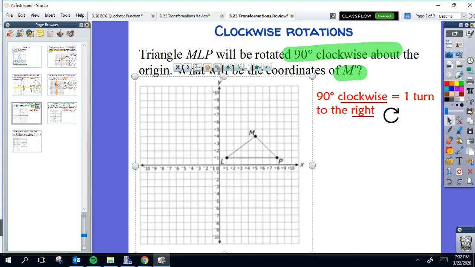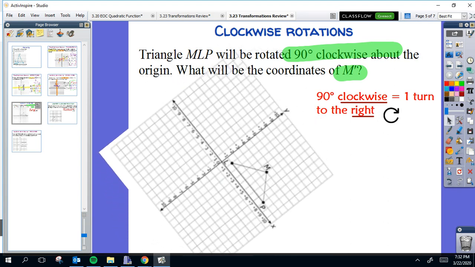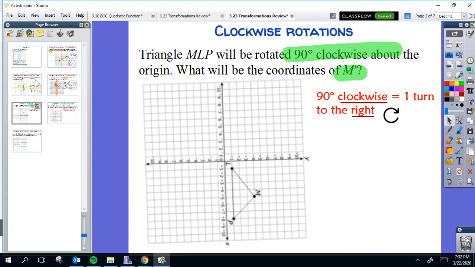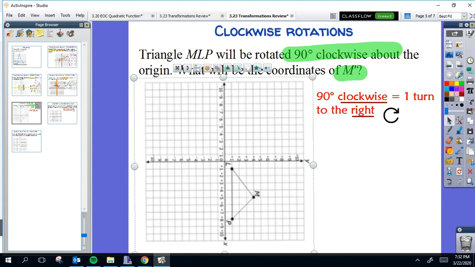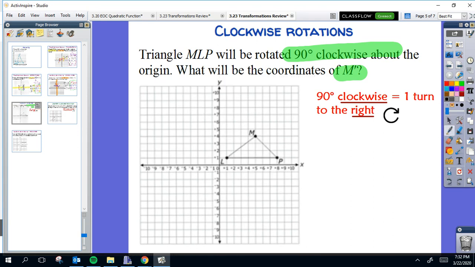I have my image and I'm doing one turn to the right. So it should look something like this. Now, what I'm going to do is I'm going to focus on my m value. If I look at my original, my m value, which is right here, is going to be the coordinates 5, 4. So originally, my m value is 5, comma 4.